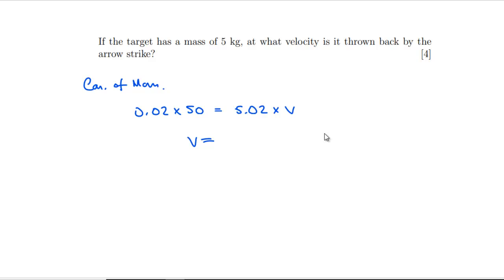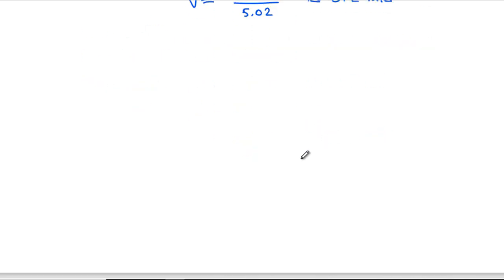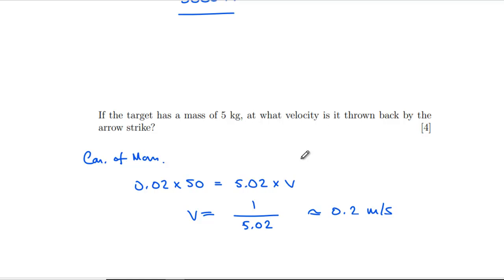So V is going to be 1 over 5.02. We're just trying to get this to two significant figures, I think. So let's just say that's 0.2 meters per second. Yeah, and that's the end of the question.